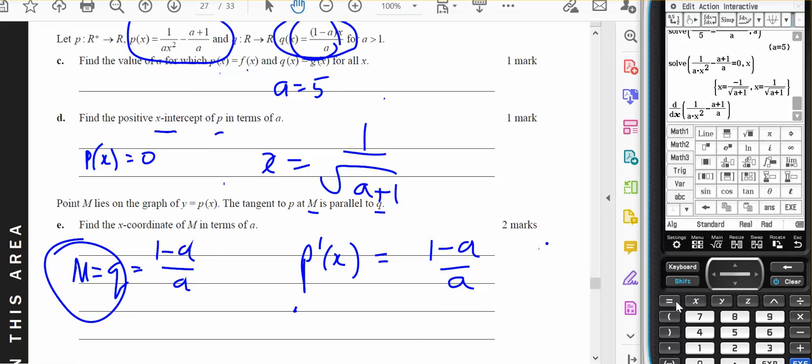I want to make it equal to 1 minus A. Solve for x.